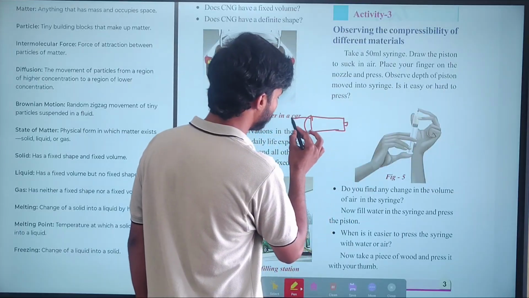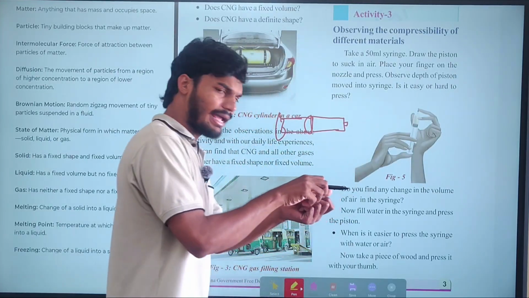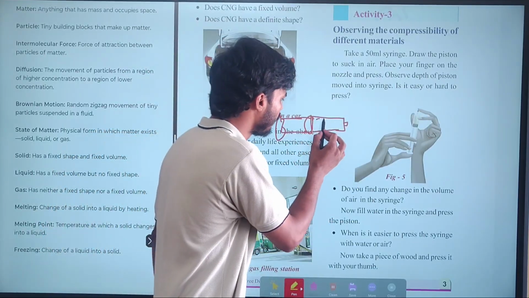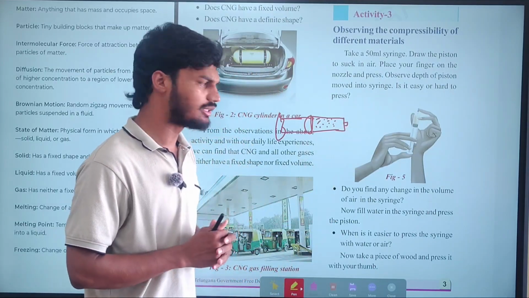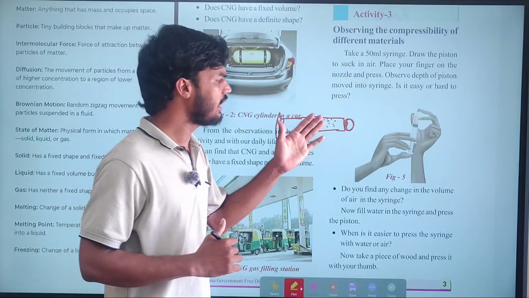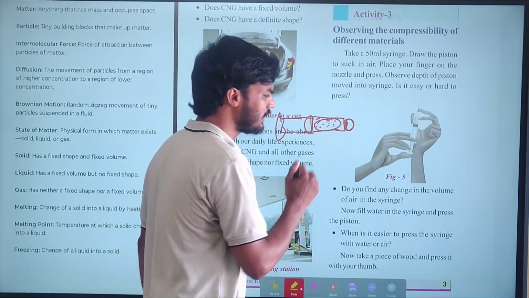This is a syringe and this is a piston. When you drag the piston, air particles enter into the syringe. Before doing this experiment, you close the nozzle with your finger. This prevents the air particles present inside from escaping.